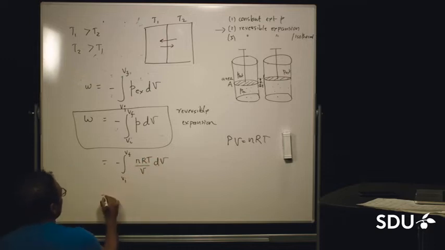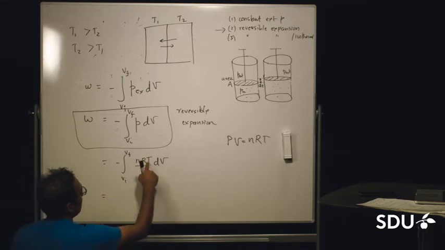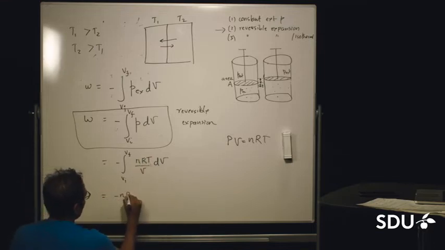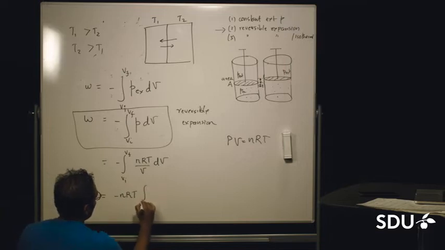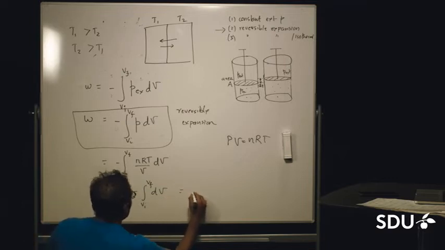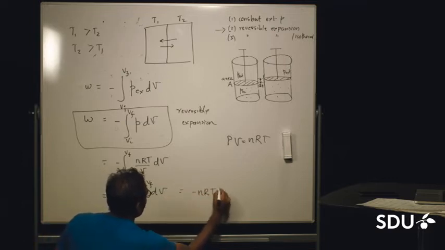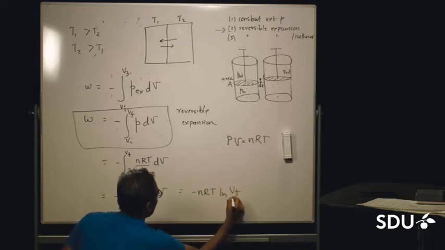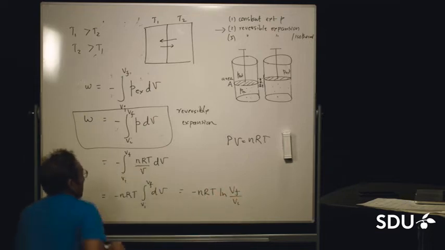And then, since the temperature is constant, these constant terms come out of the integral, and you are left with minus nRT log of the final volume divided by the initial volume.